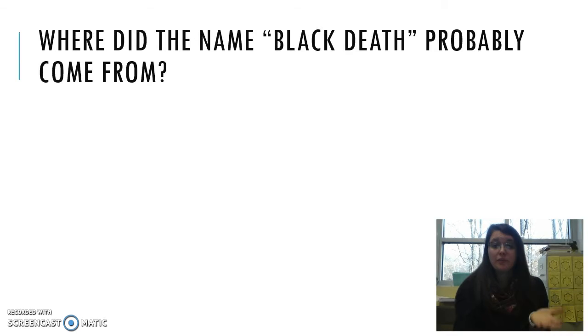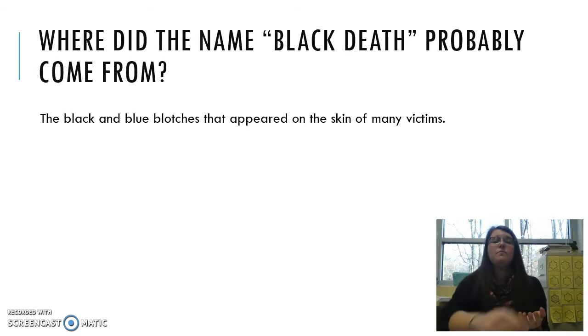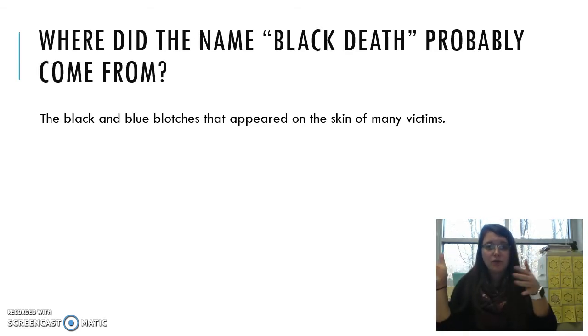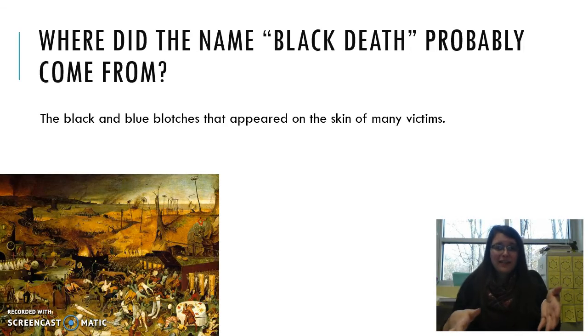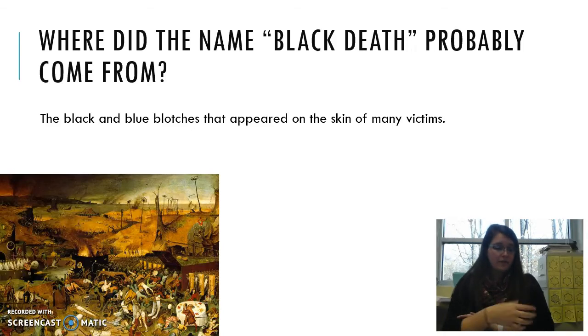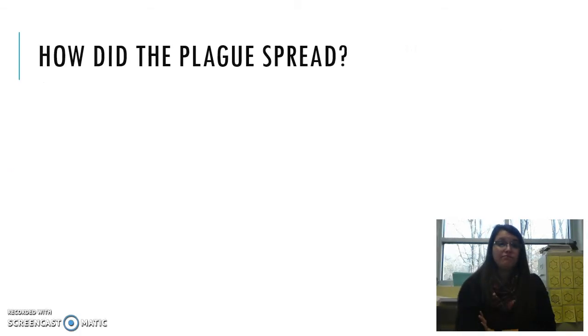So the name Black Death probably came from those black and blue blotches that appeared on the skin. Once you had the Black Death, you had it pretty much until you died. There were people who did survive, but for the most part, you wouldn't survive. It was disgusting, right? Because we know medieval towns were gross.